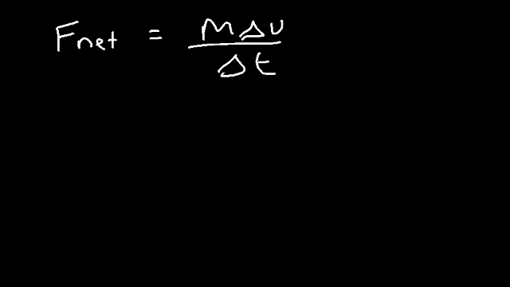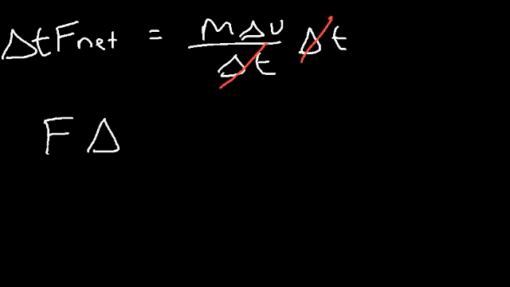By the way, if you start from this equation, and if you multiply both sides by delta t, you're going to get another important theorem. The force multiplied by the change in time is equal to the mass times the change in velocity.